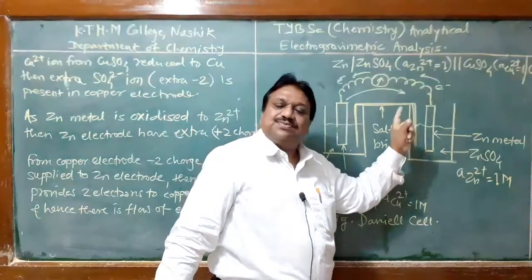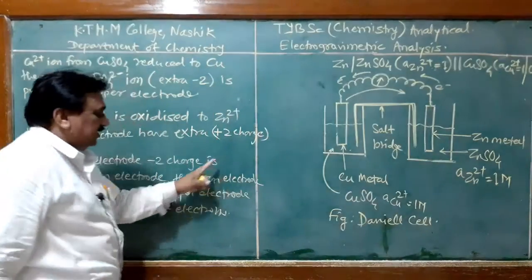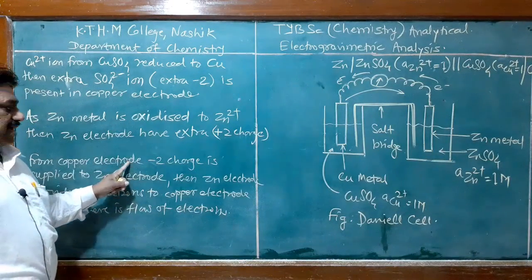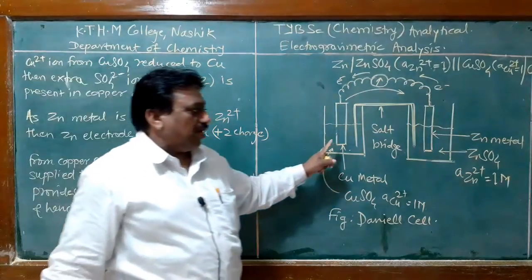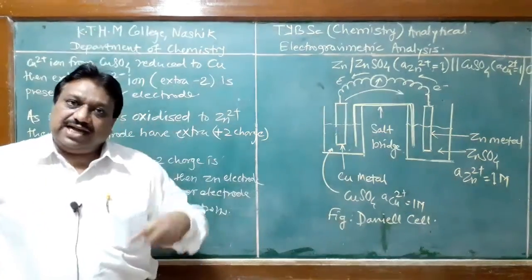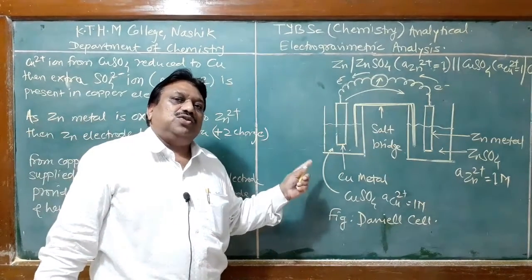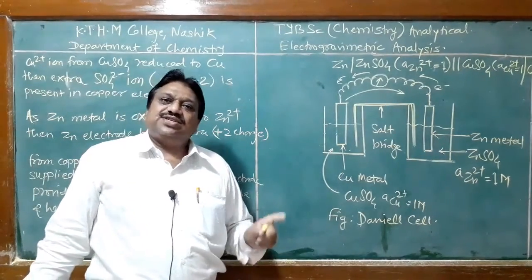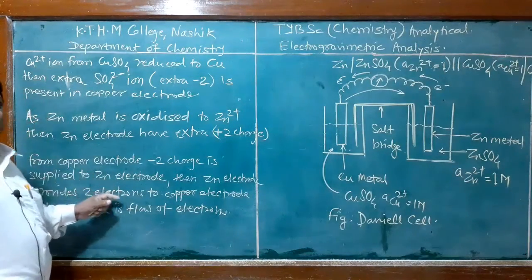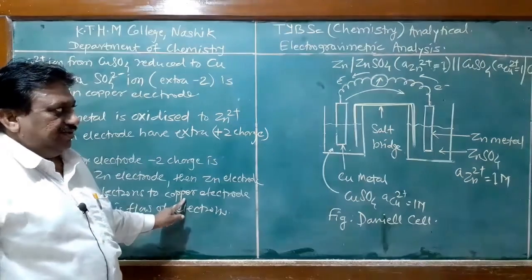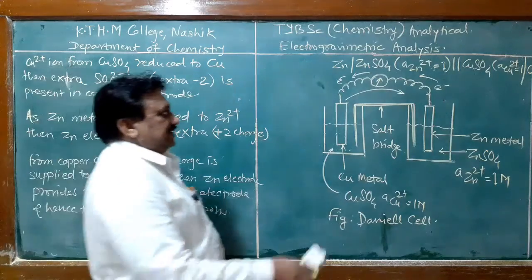It does not transfer the charge. As long as there is transportation of electrons from the zinc electrode to the copper electrode, zinc undergoes oxidation and copper undergoes reduction, and both reactions take place simultaneously, and at that time the cell can act as a source of energy or source of electricity.